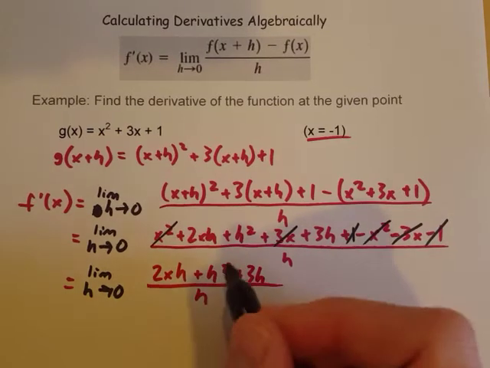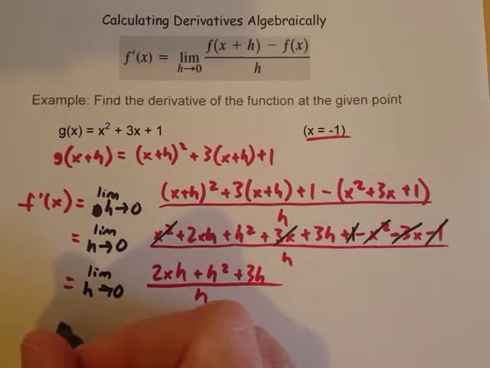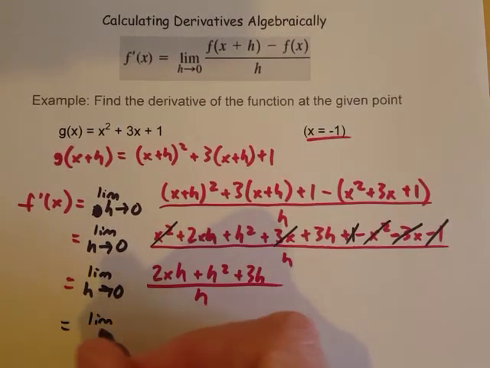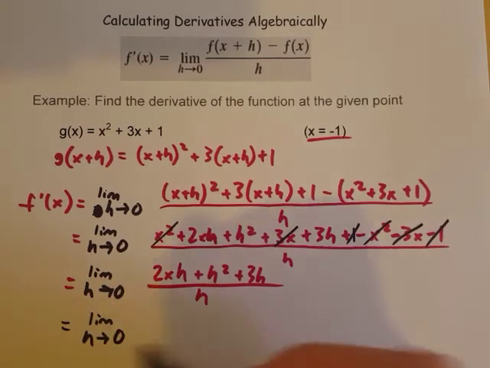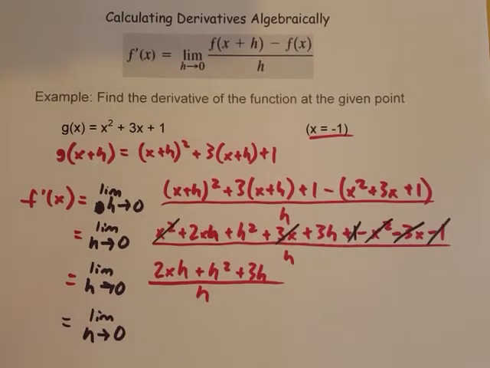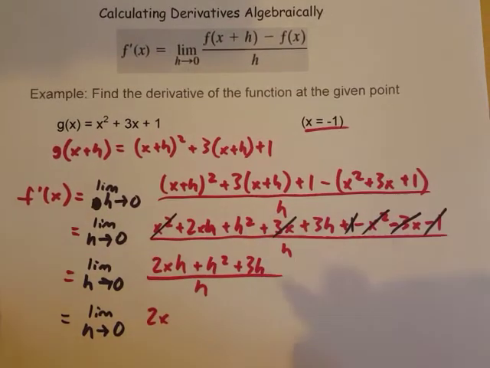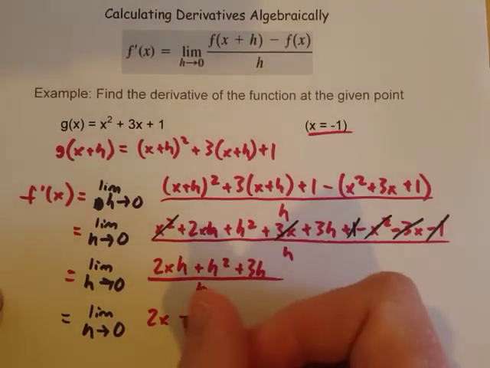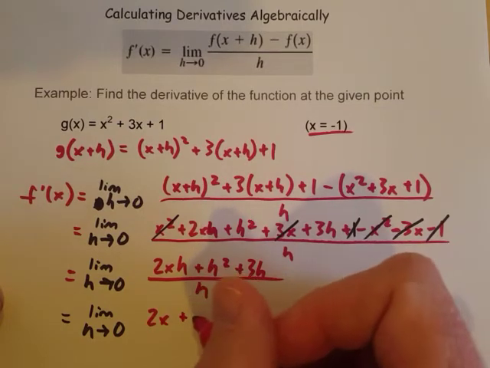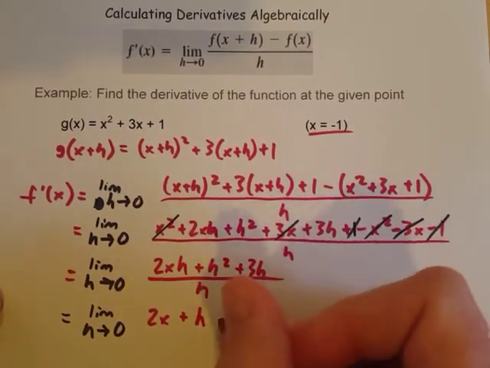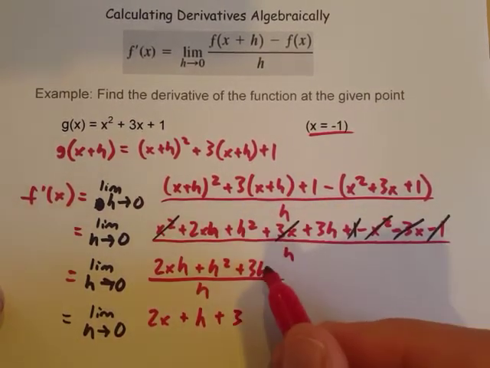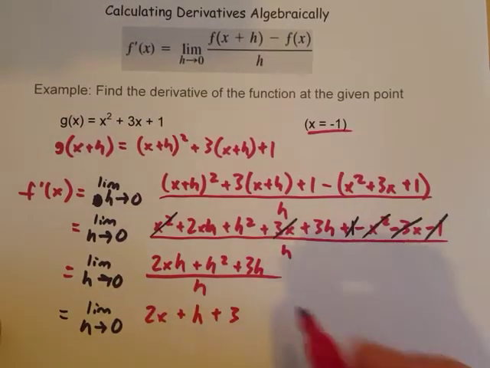So h divided by h in each of those things, it's basically like distributing that h, only division. And so what that leaves for us is, from this one, h cancels out, so that'll be 2x. Here we have plus h. Here we have plus 3 because those h's cancel out. So now we have all of that.